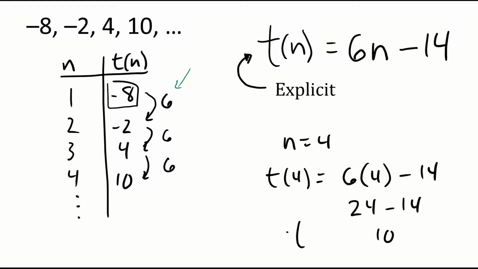So we can say that t at 4 is 10. If you know the explicit equation, it's very easy to get values way down the line. You just plug in your value that you're looking for and it tells you.